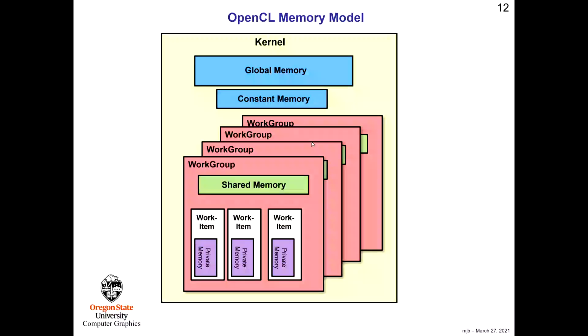Same memory model, and this makes sense. CUDA and OpenCL run on the same graphics card. You don't have to swap out graphics cards if you want to go from CUDA to OpenCL. And so, yes, it's the same hardware, so it's the same hardware diagram. Work items have private memory. Multiple work items within a work group can share memory. There is global memory. This is the multi-gigabyte memory out on the graphics card.